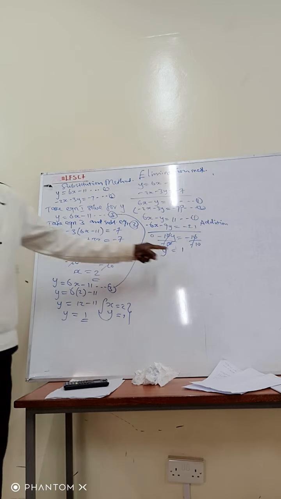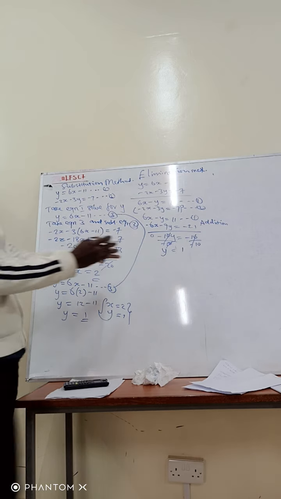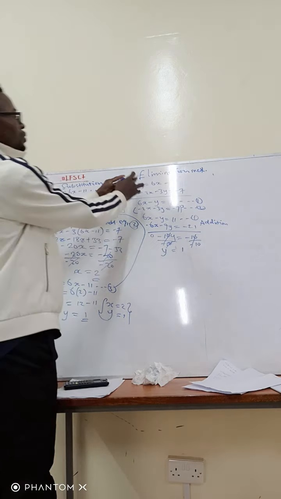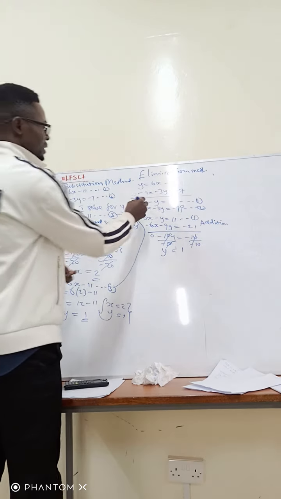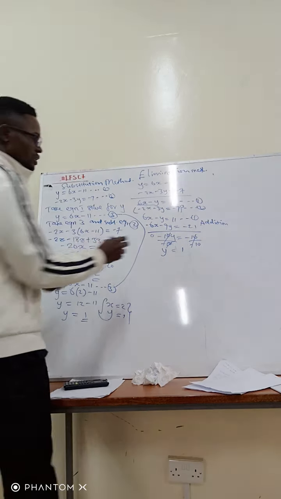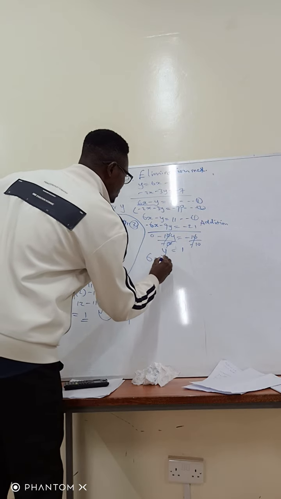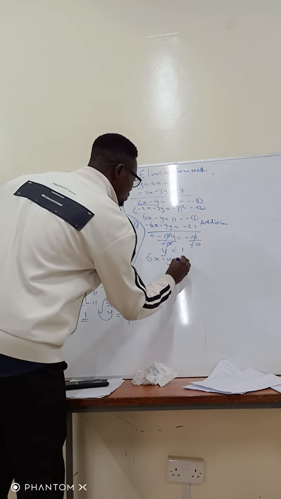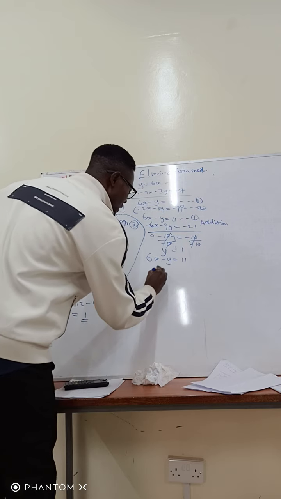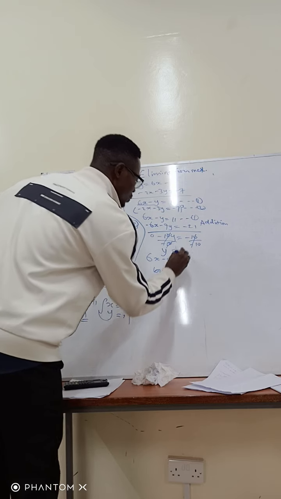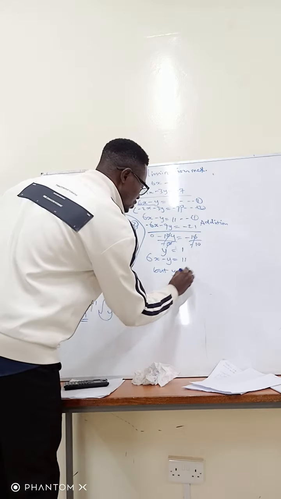So now we want to solve for x. We can take this value and plug in any of the equations. Remember, this is equation 1. So let's take equation 1. It is 6x minus y, and it is equals to 11. But now we know that we have y to be 1.